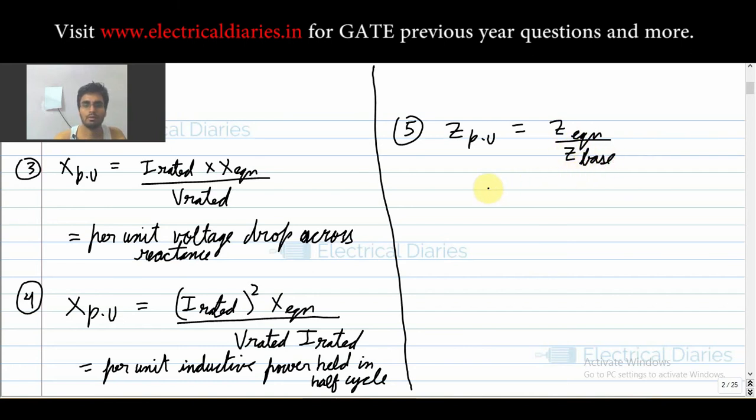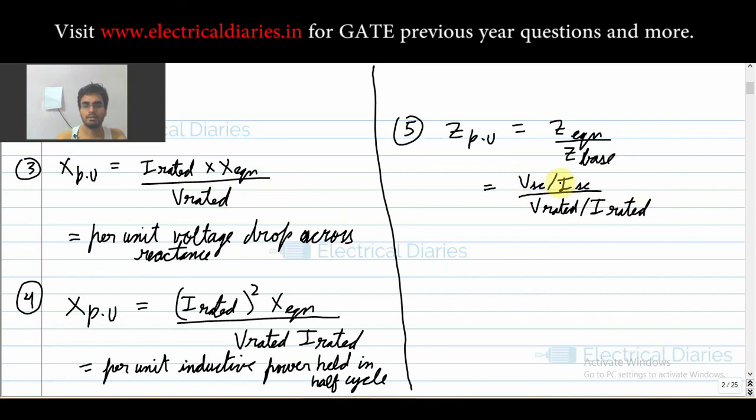Your Z equivalent we can also write as VSC by ISC, where from the short circuit test these expressions are derived. That I will explain in some other video. So VSC by ISC divided by Z base will be V rated by I rated.